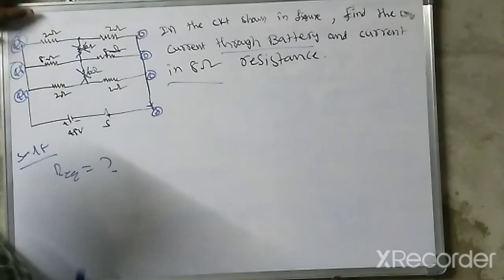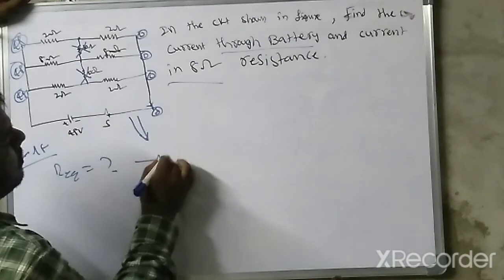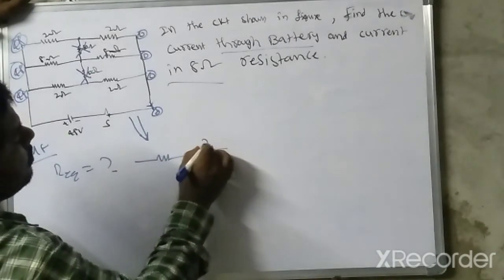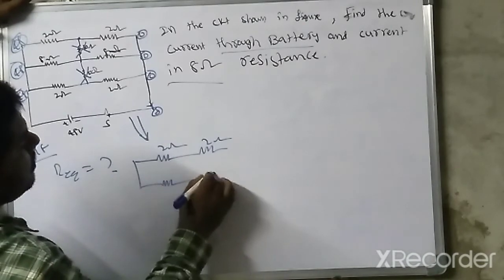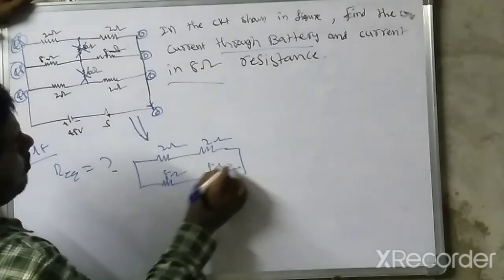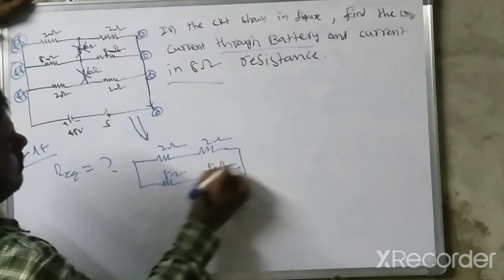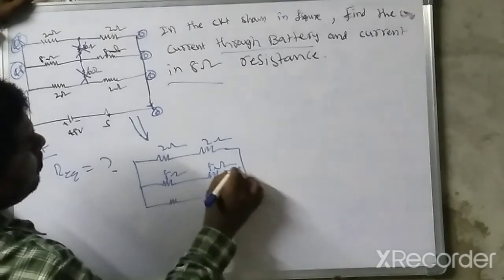That's why here is the redrawn circuit diagram. So this is the 2 ohm, this is the 2 ohm, and this is the 8 ohm, this is also 8 ohm. So 8 ohm, 8 ohm, like this, and here the 2 ohm, here the 2 ohm.